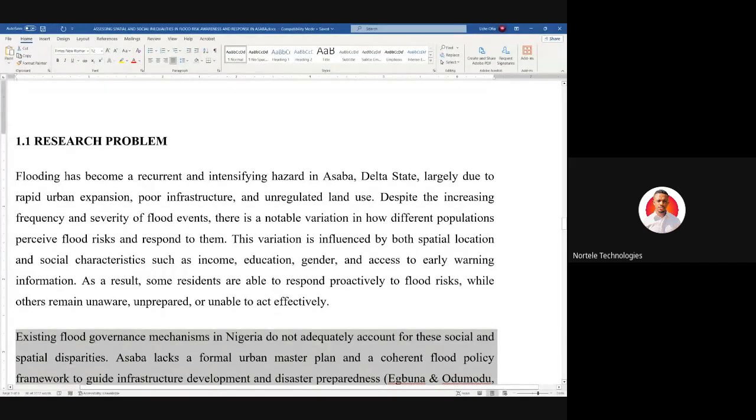Maybe you read it and read it. No. First of all, ask yourself personally, if I was living in this affected area, how will this topic affect me? That is the first paragraph. So when you have that in your mind, even if you're very tired and somebody asks you what's the statement of problem for your research, you're going to say it offhand. You already know how it affects you.